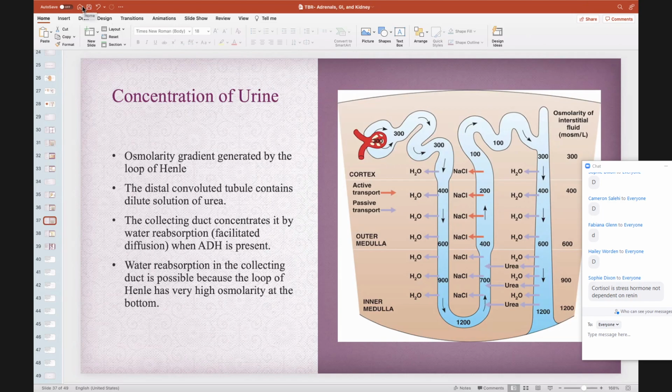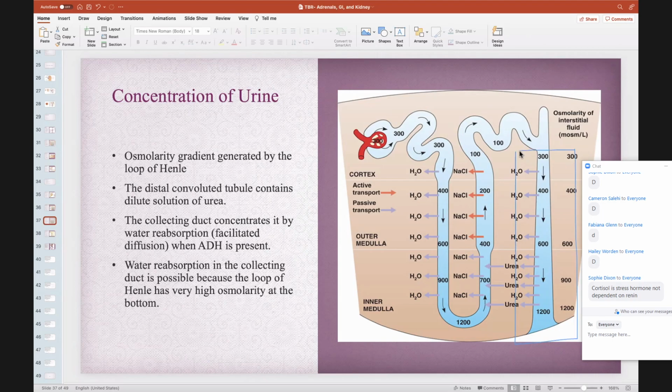So what we want to do at the very end of urine formation is concentrate it. The way we concentrate it is as the filtrate is passing through the collecting duct. This is the very end stage. The collecting duct is where all our hard work comes to pay off.